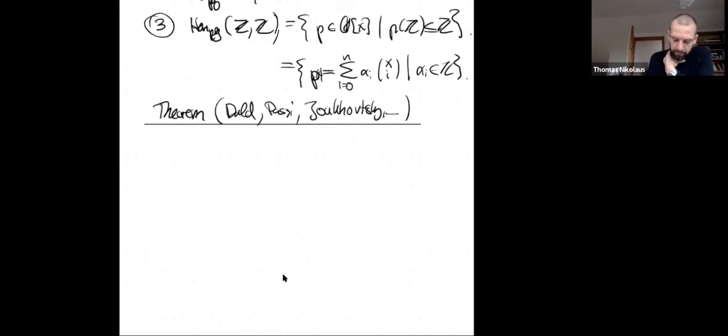And the theorem is the following: initially when we talked about group completion of abelian monoids, I said this has a universal property that additive maps out of the group completion are the same as additive maps out of our initial monoid. And the cool thing is that this is still true for polynomial maps.